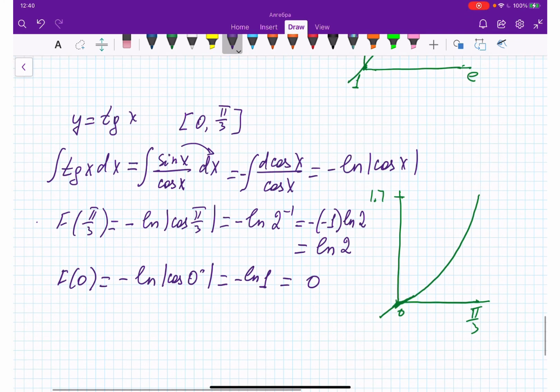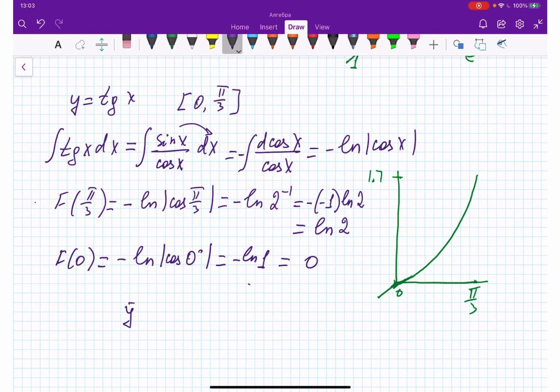And the average of f of x is equal to logarithm of 2 divided by pi over 3 minus 0, that is, b minus a.